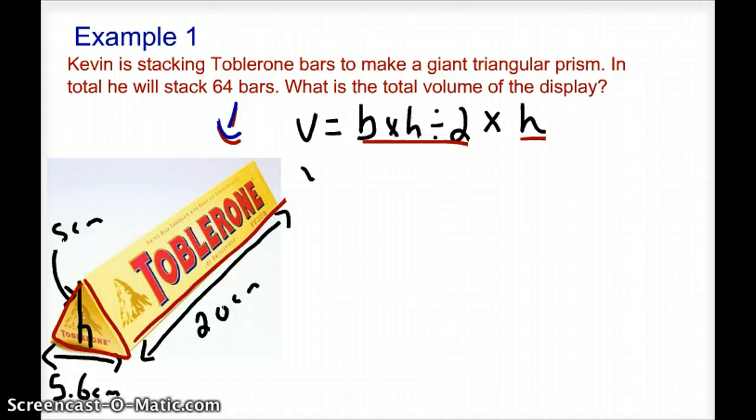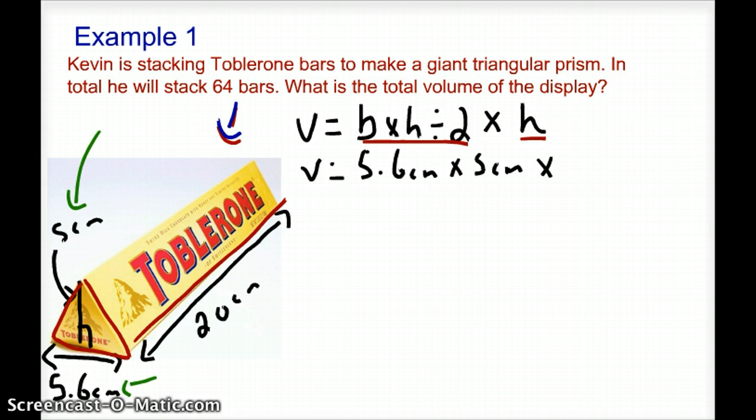We know that our base of our triangle is 5.6, and never forget the units, so it's centimeters. We're multiplying it by our height of the triangle, not the height of the prism, which is 5 centimeters.